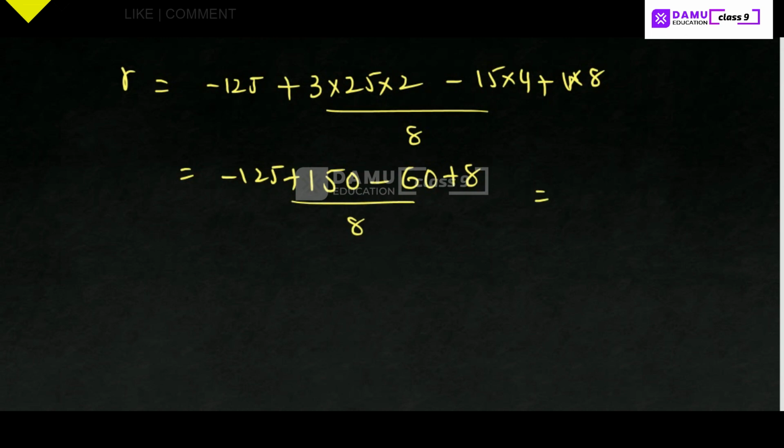Combining all the numbers, it will become minus 125 plus 158 whole divided by 8. So 185 minus 158 you will get 27. It is a subtraction, but the bigger number is 185 with the minus in front of it, so the result is minus.